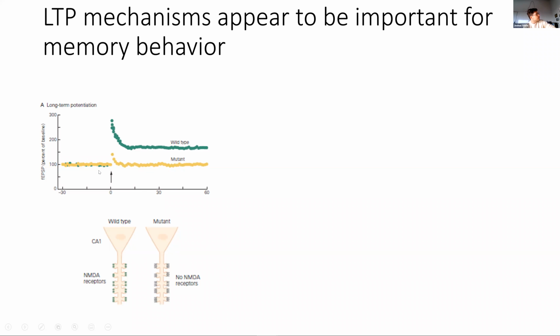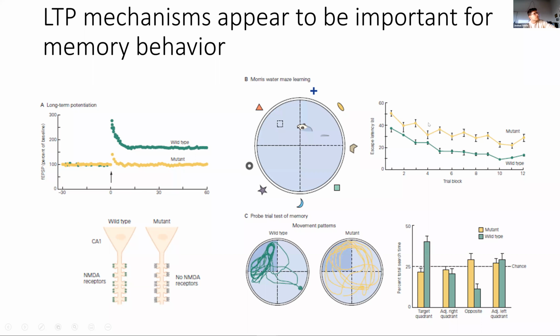In that case, you cannot induce LTP in the physiological recording, and those animals do not learn the same escape latency. So here's an example of a wild type animal that finds where the platform is. And here's an example of a mutant animal over multiple days trying to find it and just swimming around aimlessly.